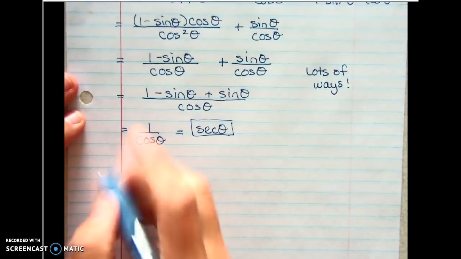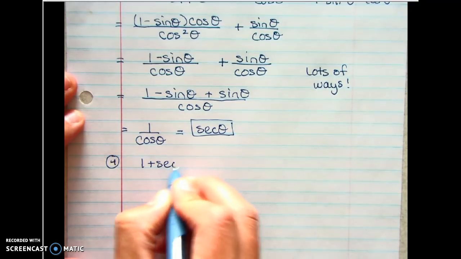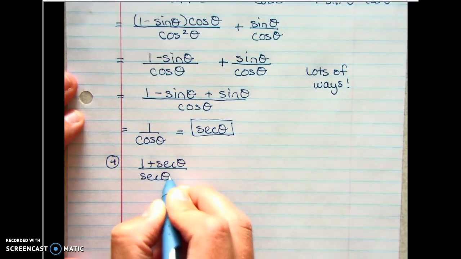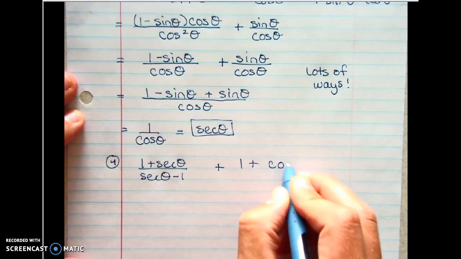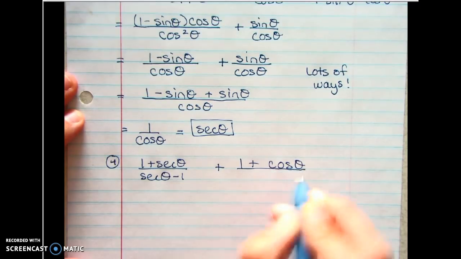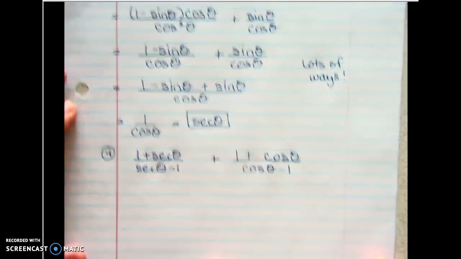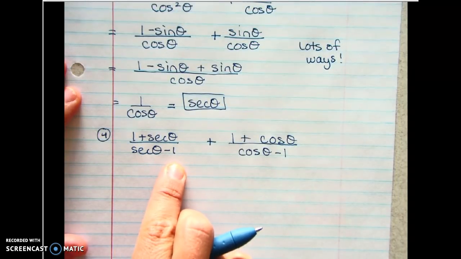These are fast. These are just 4 extra examples. And maybe we're going to use our little trick from before. Do you see how this says secant minus 1?